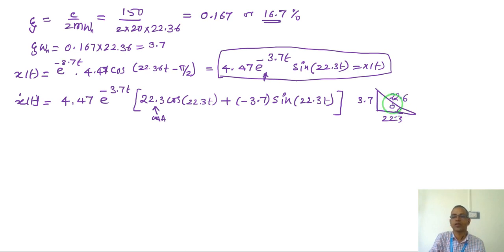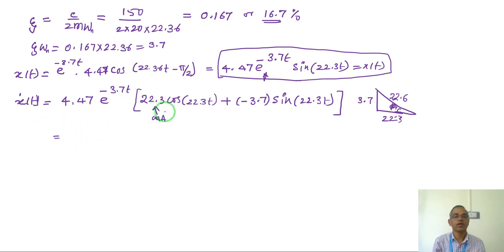So this will be some angle A. Then I have to divide and multiply with 22.6 everywhere.